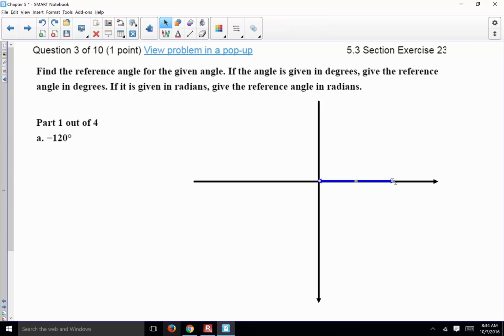So I start with this one and rotate it clockwise. How far is this? 120? This is 90, so I need to go a little past that, about 30 more. 90 plus 30 is 120. This is where it is.